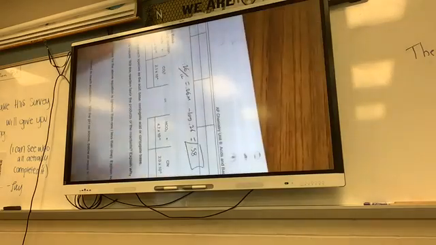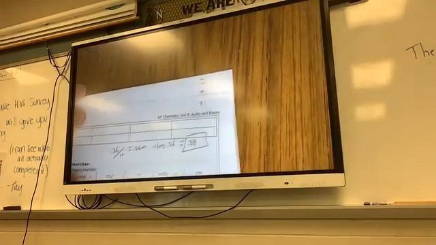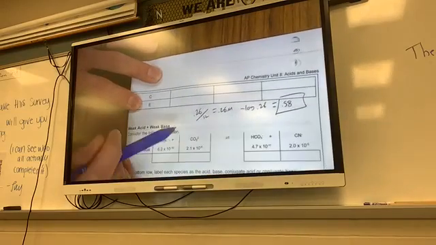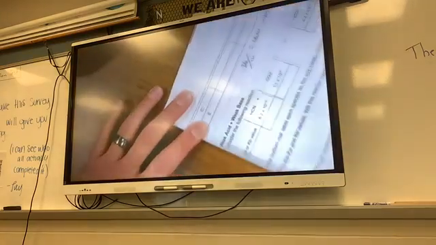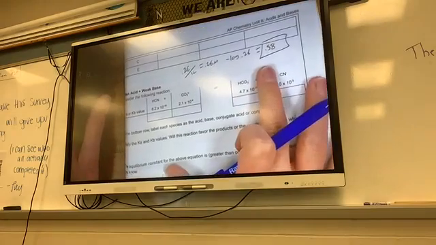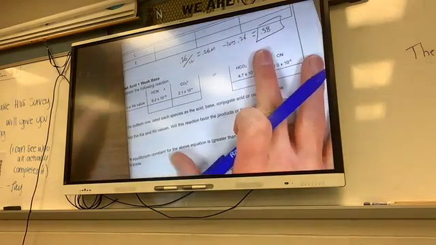I feel like it needs to be up there. I would have to rearrange my desk. I'll make it better next year. At this point, we're just going to deal with it.